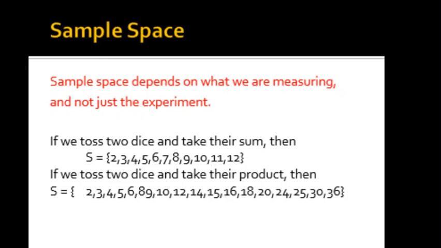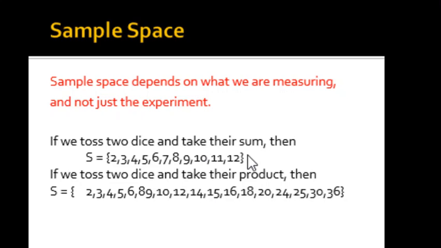Think of what are the possible sums for two numbers on a die. We can start with 1 1, 1 2, 1 3, so on and so forth, all the way up to 6 and 6. These are the possible outcomes. If an outcome repeats, we don't write it twice, we just state it once. So this is the sum of two dice.